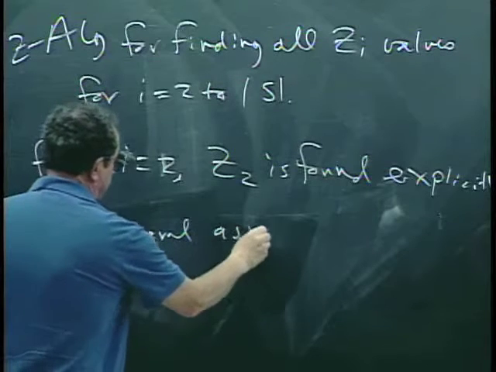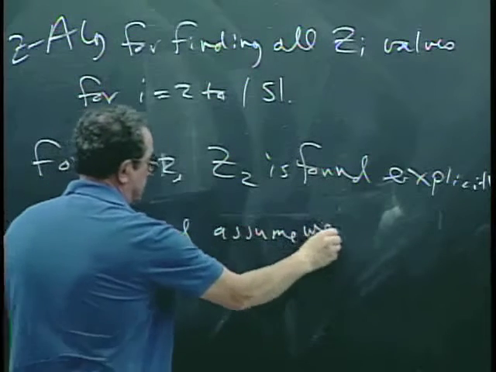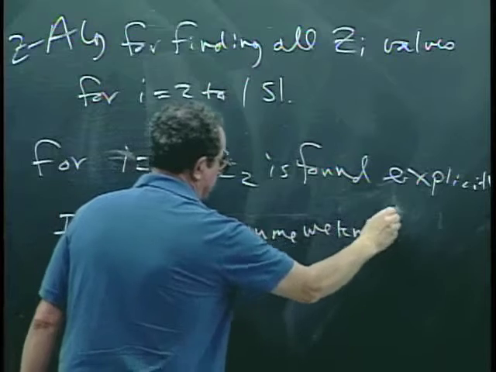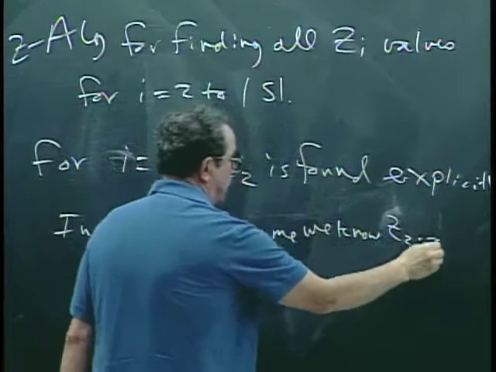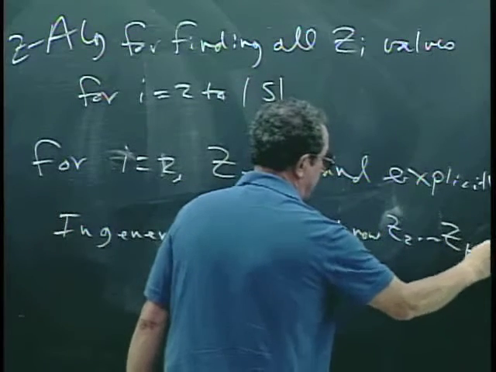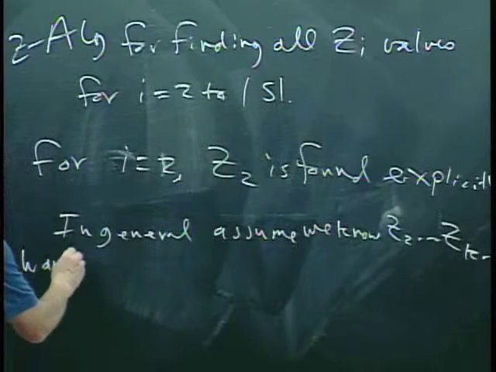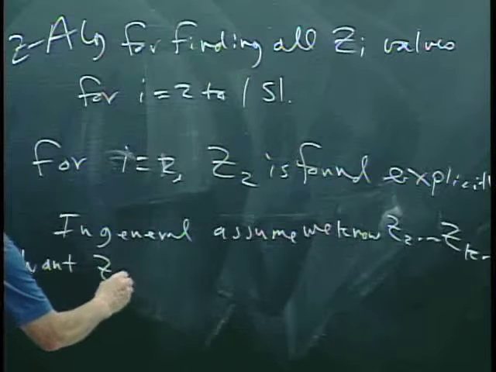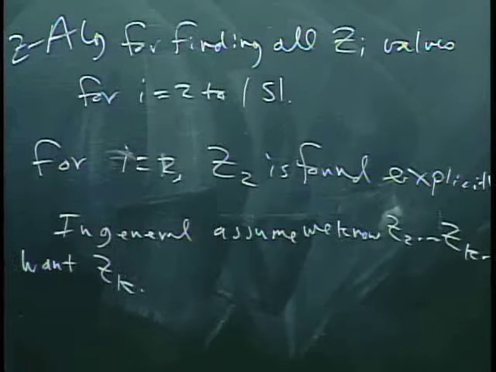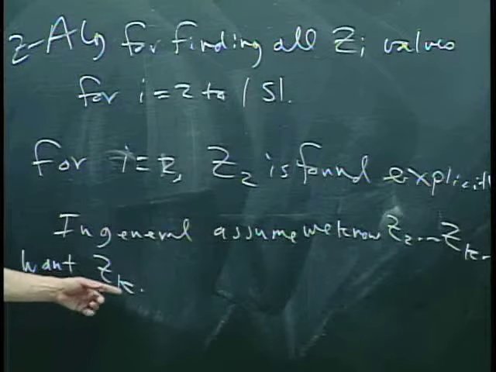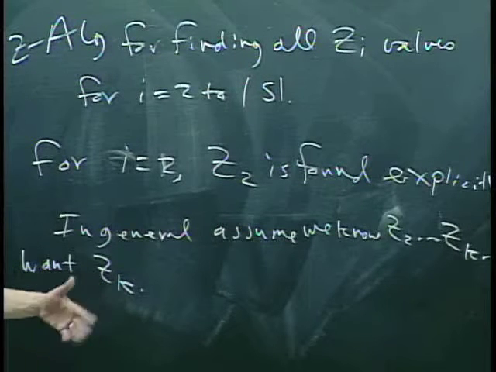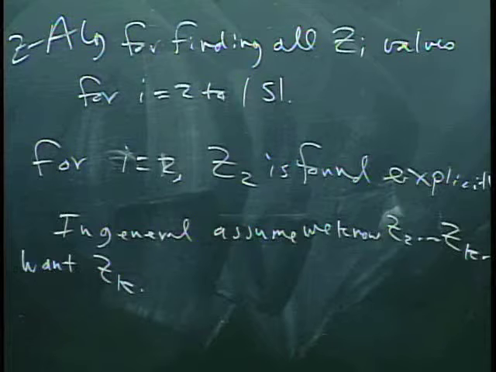Okay. So in general, assume we've already computed, we know Z2 up through Z(K-1), and now we want to compute ZK. So we're going to have some cases based on where K is relative to R. R was a programming variable that we discussed last time.